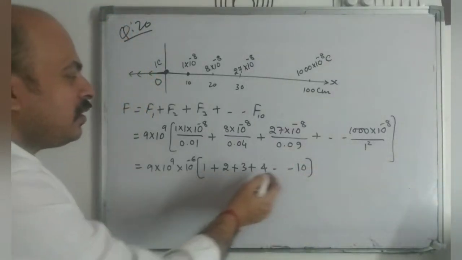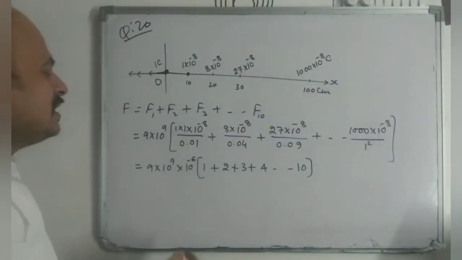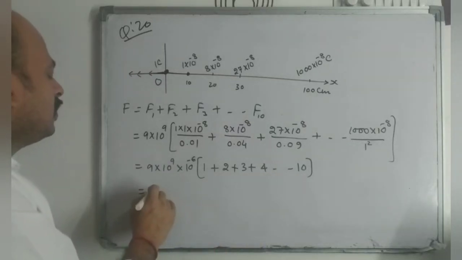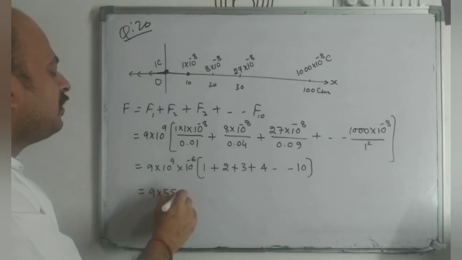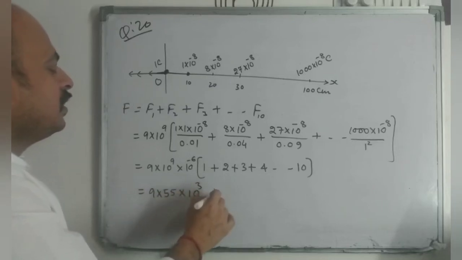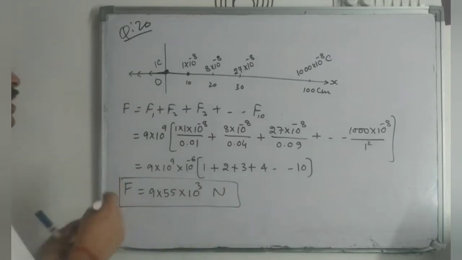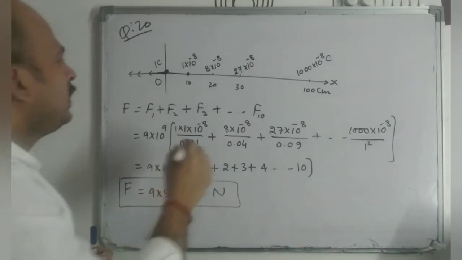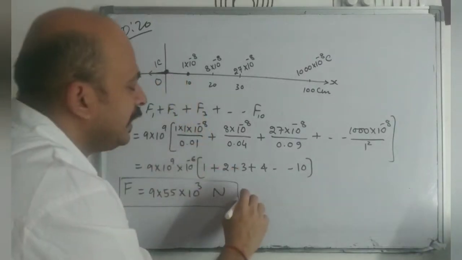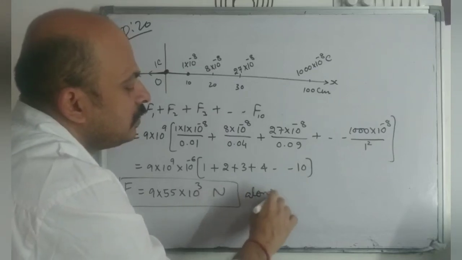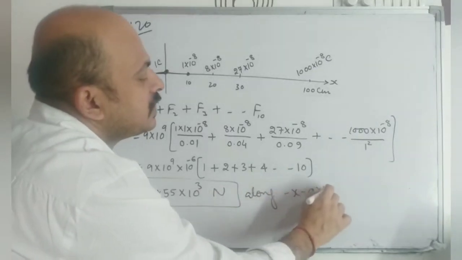Now the sum 1 to 10 is equal to how much? 55. So 9 into 55 into 10 to the power 3 Newton. That will be the net force acting on the charge, directed along minus x-axis.